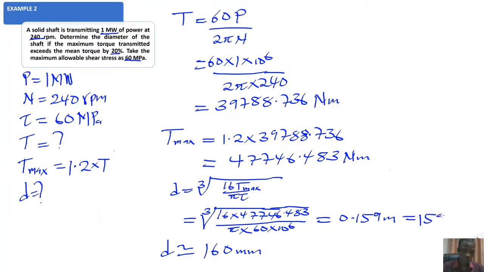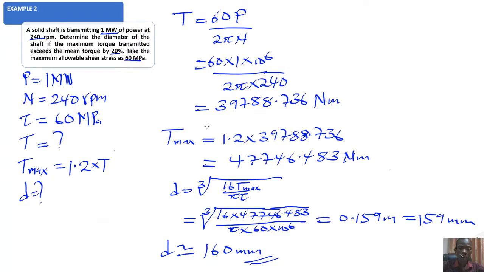All right, so this becomes the answer for the size of this particular shaft. Now this 20% is necessary in the design. That may not be the operating torque of the shaft, but at times in loading of the machine element, this torque could be resistance. We have what we call starting load or overload.